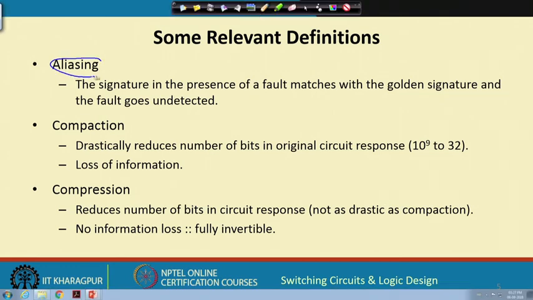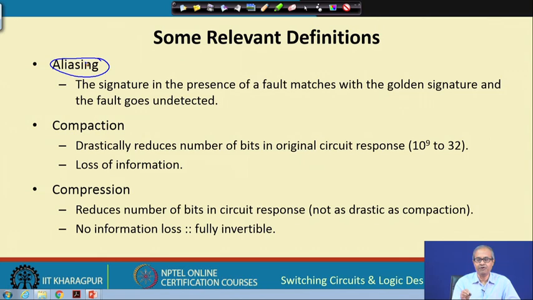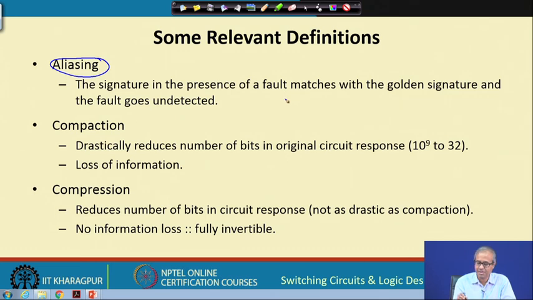There is something called aliasing. Well, aliasing is just the point I have made, that there is a fault, but the faulty signature by accident becomes the same as the good signature. Okay. The signature in the presence of the fault matches with the golden signature, and under such condition the fault goes undetected. We say that aliasing has taken place.